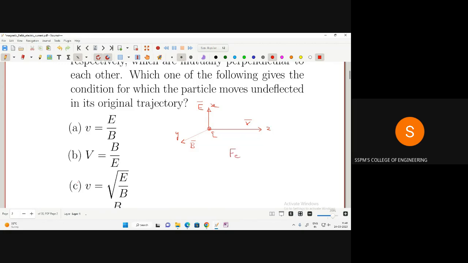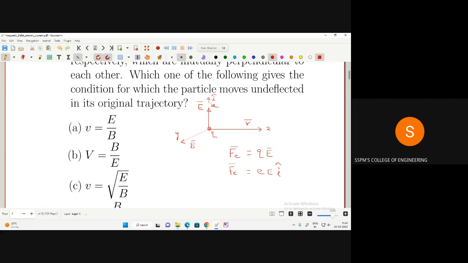The electric force exerted on the charge q is q into E bar, where E bar is the electric field and q is the charge. As you know, the electric field is directed along the x-axis, so let's consider the unit vector along the x-axis as i cap. So F bar is equal to q into E into i cap, where i cap is the unit vector.